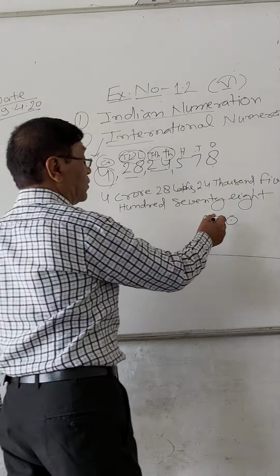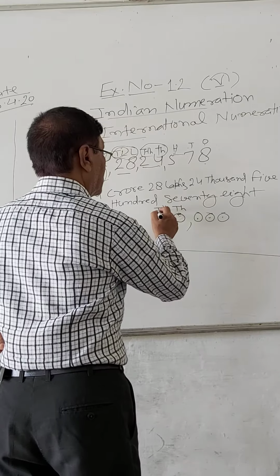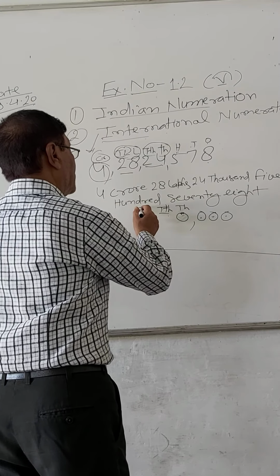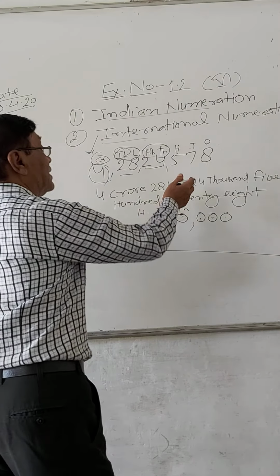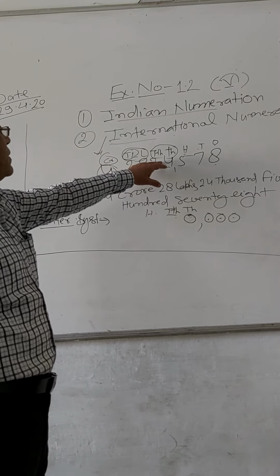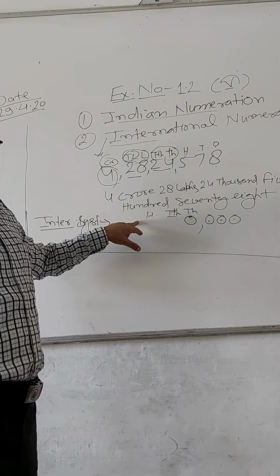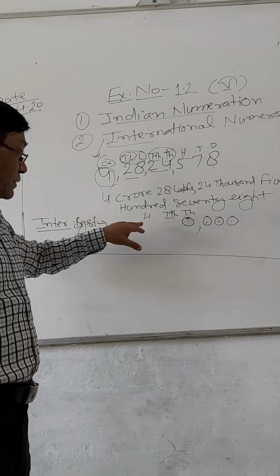After 100, directly the thousand place comes. Here, suppose any number is here, so this is the thousand place. After this, the 10,000 place. Again here comes 100,000. But in the Indian system there is no place of 100,000. But in this international system 100,000 comes.